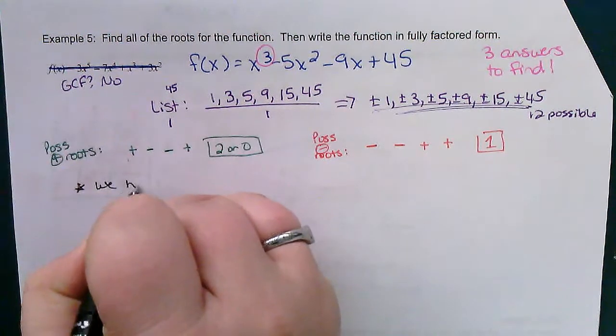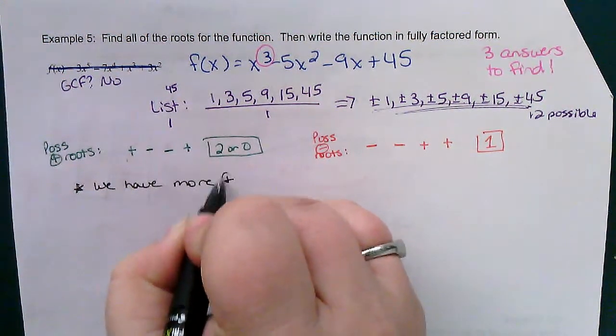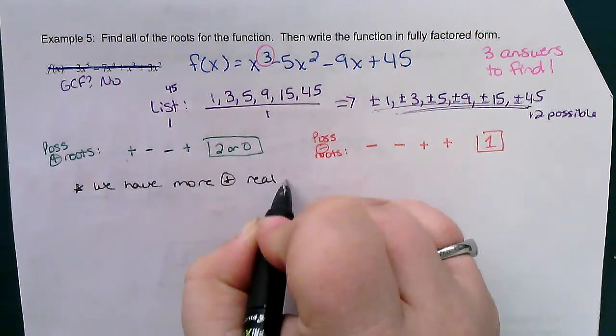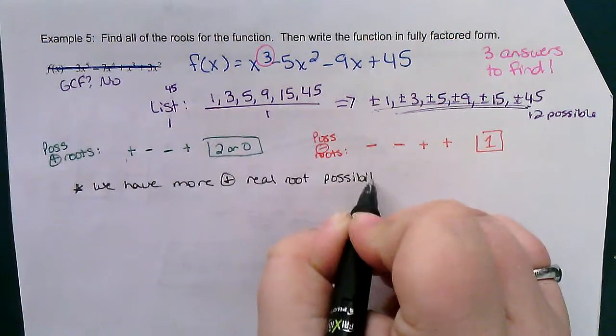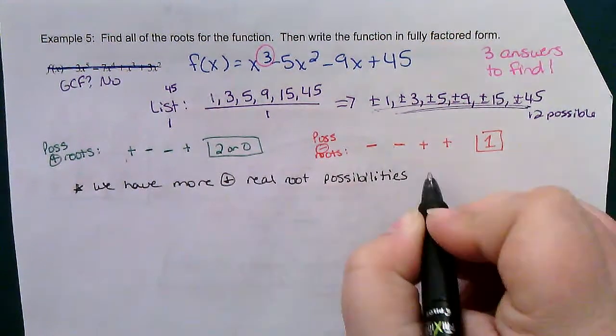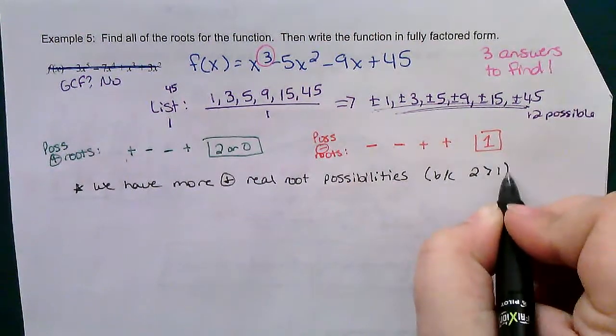So we have more positive real root possibilities. Okay, and the reason for that is because 2 is bigger than 1.